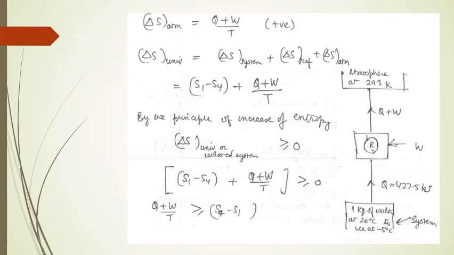So S1 minus S4 plus Q plus W upon T is greater than or equal to 0. So that gives us the expression Q plus W upon T is greater than or equal to S4 minus S1.